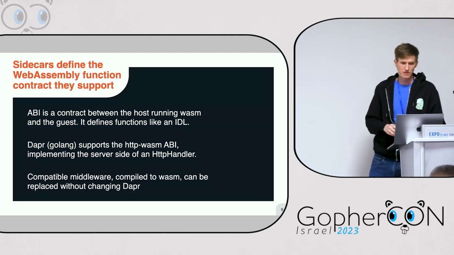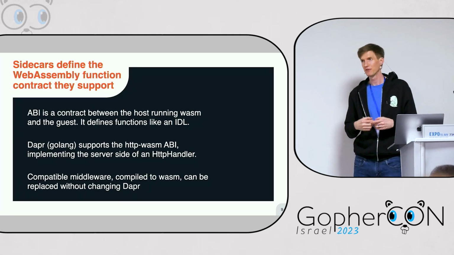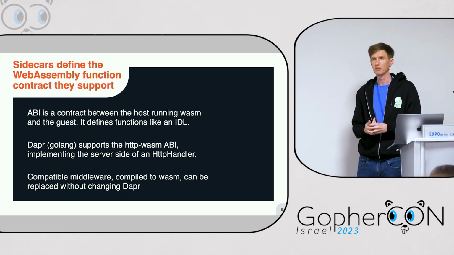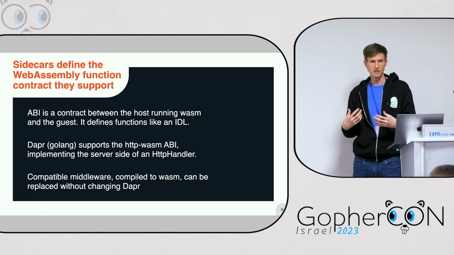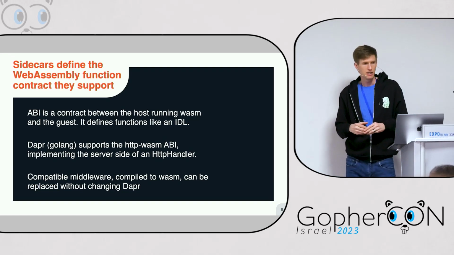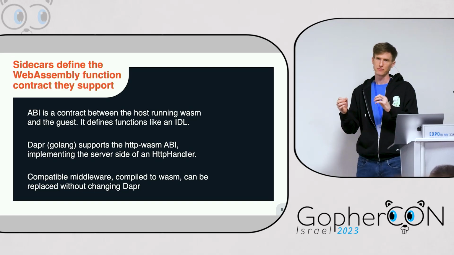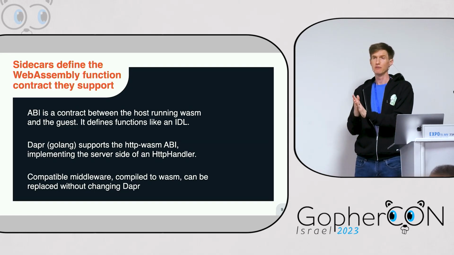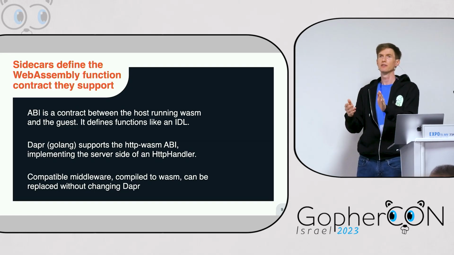And the code that's allowed is, well, first off, it would have to be compiled to WebAssembly, which is a safe sandbox environment. And again, I'm using a little bit of jargon, but bear with me. But it also needs to be only using valid functions that are allowed. So for example, in Dapper, they have this interface called HTTP WASM, which basically Dapper is providing you means to access HTTP headers or write static response or things like that.